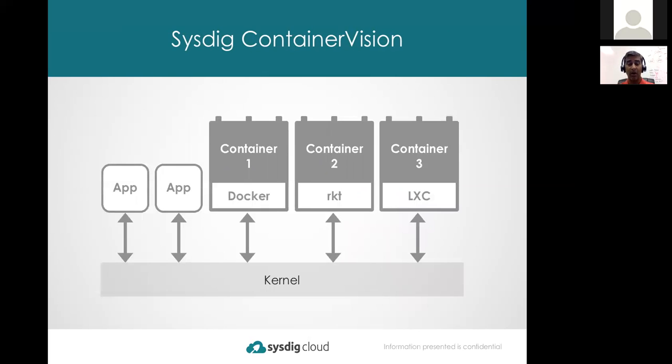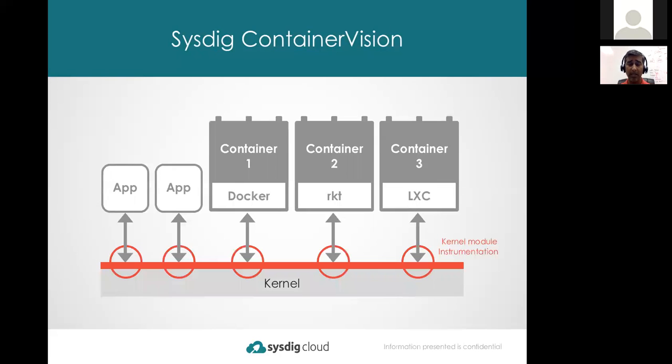So here is our simplified host, if you will. For the sake of explanation, it's got both containerized applications and non-containerized applications running on it. And it's all communicating to a kernel, typically a Linux kernel, and you're trying to figure out how to instrument this thing. So along comes Sysdig, and what we do is we actually instrument the kernel of your host.